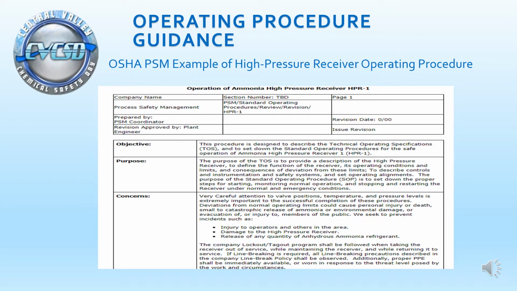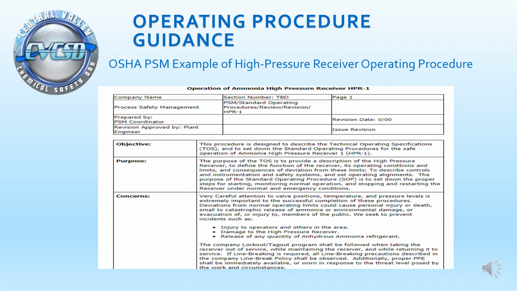So here's an example of an operating procedure from OSHA. This is on the Fed OSHA website, still can be used as a reference. It includes the header information to document the revision number and date, and also what the objective and purpose of this procedure is.